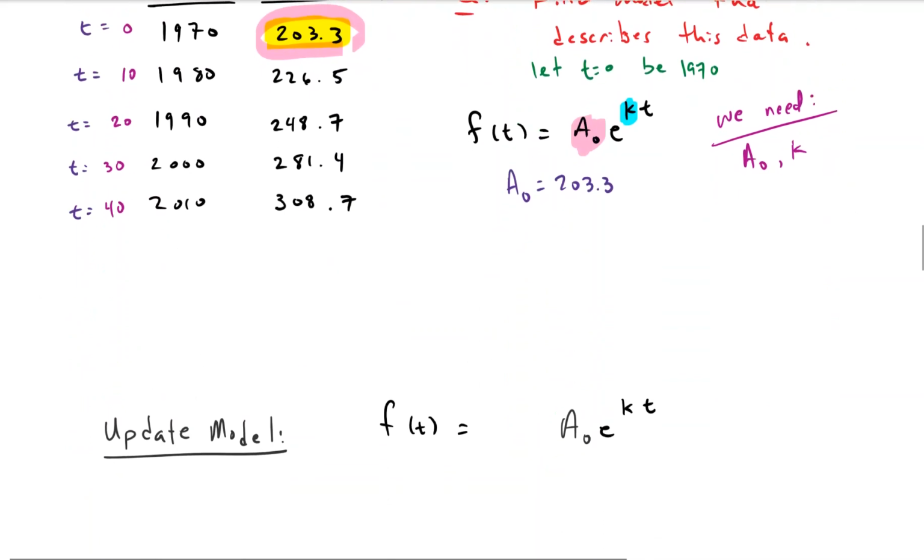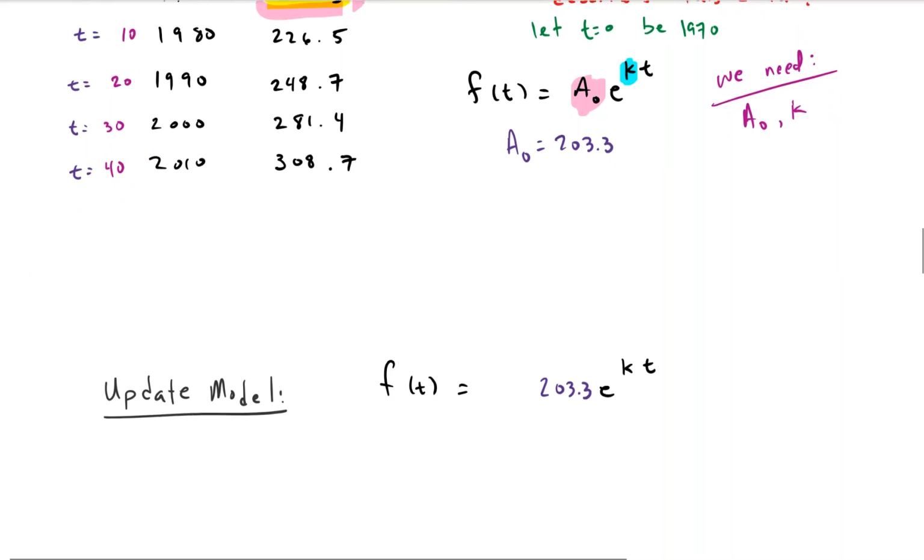Well, let's start by updating our model, because we know that A0 is 203.3. We need to find what K is. What do we know? We have some data, right?